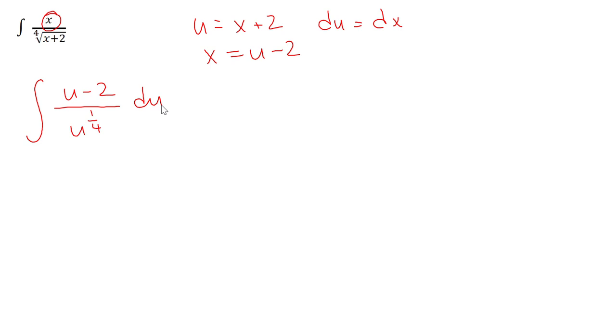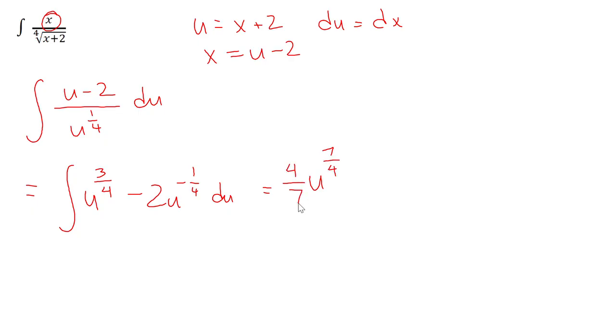Right? And then now we'll do a term-by-term division here, giving us an integral of u to the first over u to the 1/4 should be u to the 3/4. And -2 over u to the 1/4 should be -2 u to the -1/4. Now we can integrate. U to the 3/4 will go up to be u to the 7/4, and we'll divide by 7/4 or multiply by 4/7.